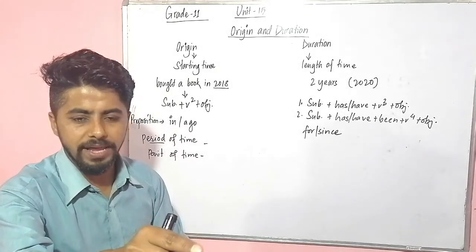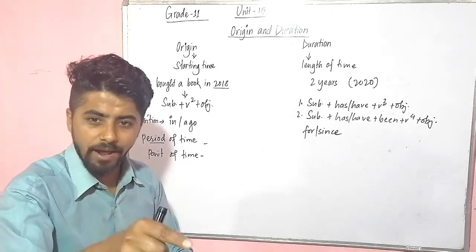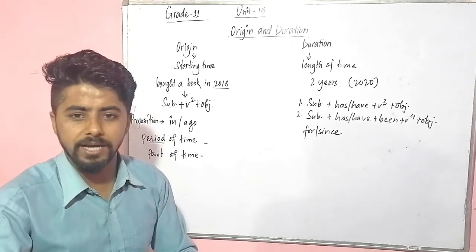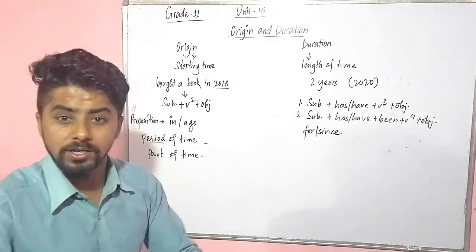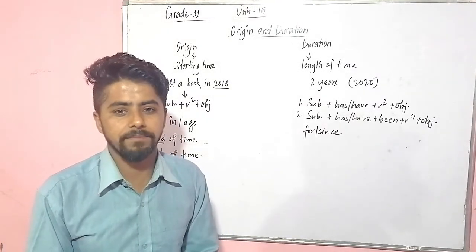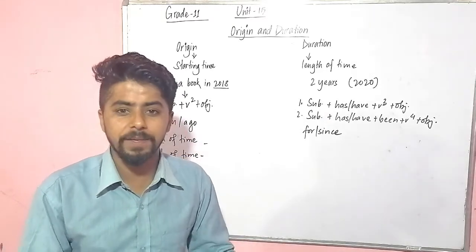Sunday, when you call Sunday, it becomes point of time. When you call June, July, February, January, it becomes point of time. But when you say a month, 2 months, 3 months, 4 months, it becomes period of time. When you say a week, 2 weeks, 3 weeks, it becomes period of time.